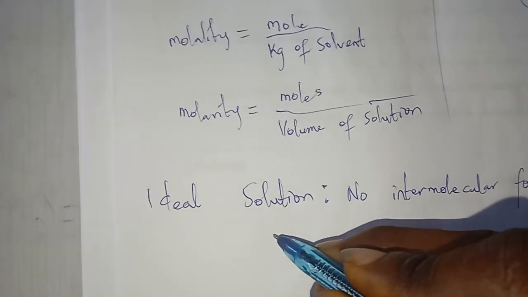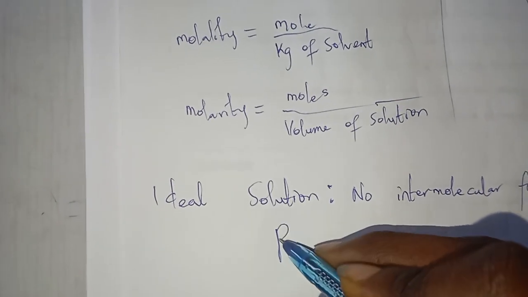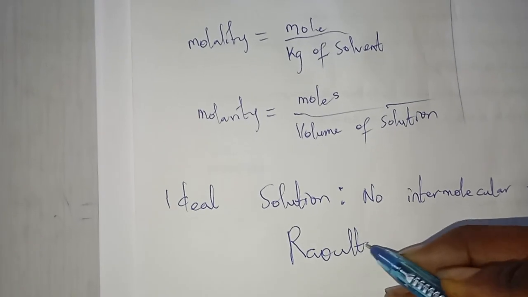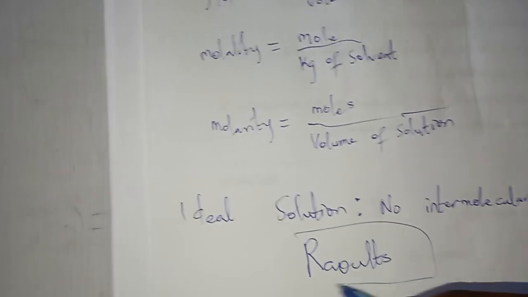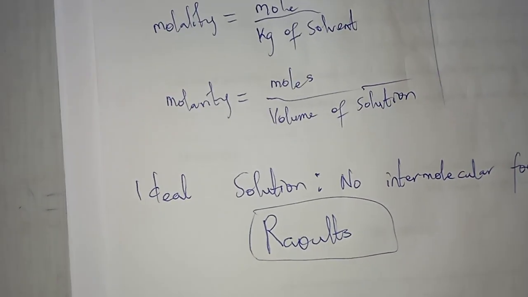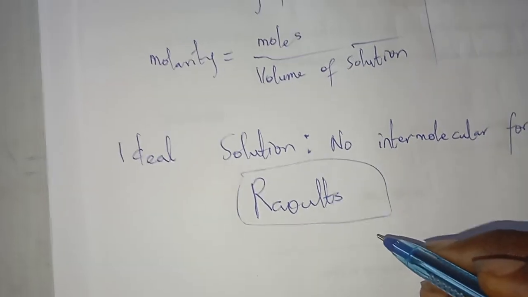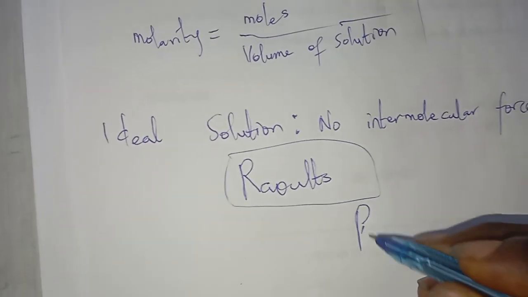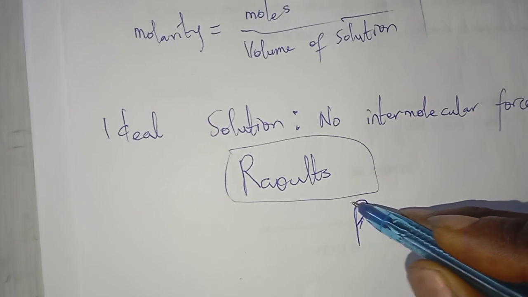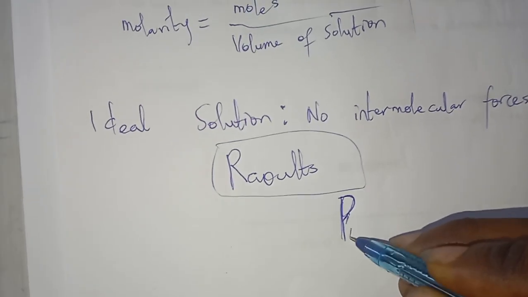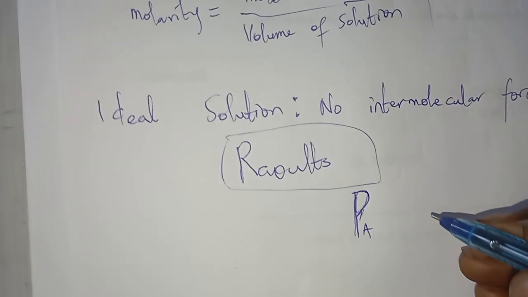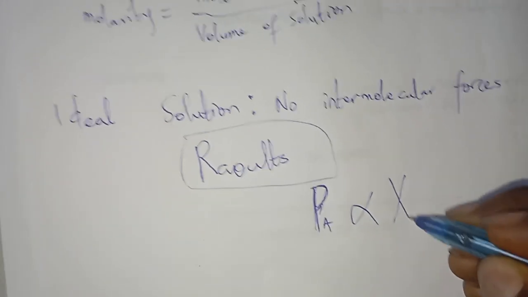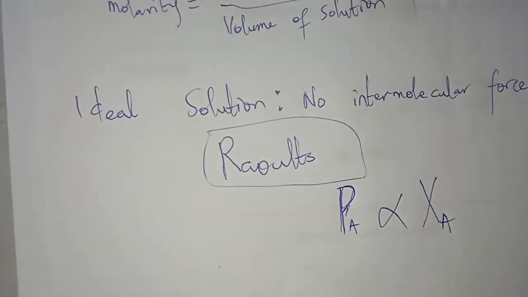So there is a law, Raoult's law, and Raoult is one of the chemists that played so much with vapor pressure. And he said that the vapor pressure of a solution, let's say this is PA for solution, is directly proportional to its mole fraction.